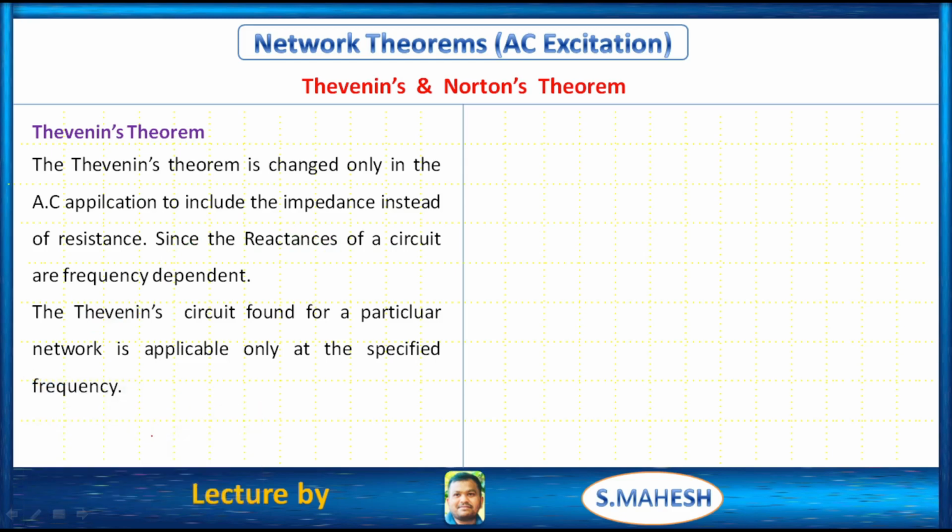Because jXL or jXC: XL is directly proportional to frequency, whereas XC is inversely proportional to frequency. So these reactances are frequency dependent. Clear? Then the Thevenin circuit found for a particular network is applicable only at the specified frequency. This theorem is applicable only at the specified frequency.